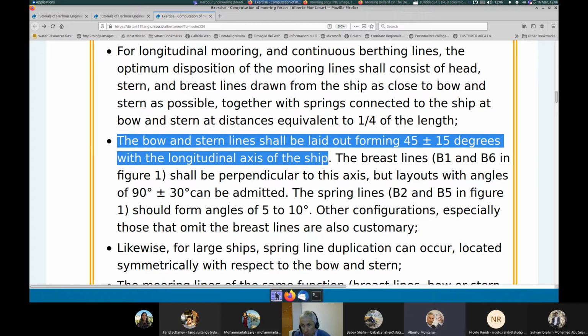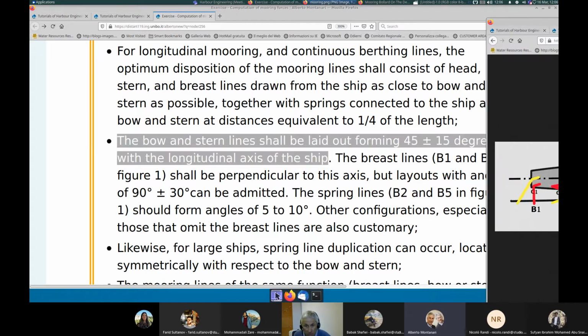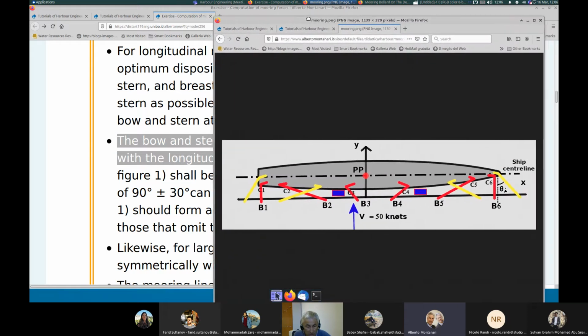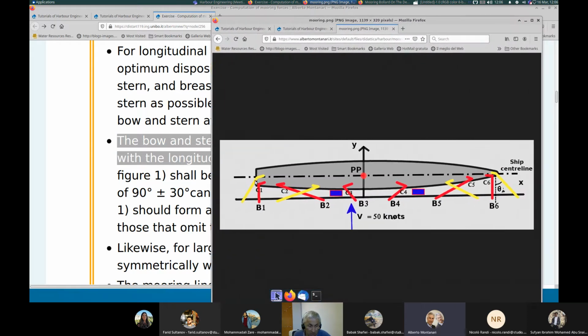Let me show you the figure to better explain what I mean. So, for instance, here the yellow lines are not used in this mooring scheme, and the yellow lines are bow and stern lines which have an inclination with the longitudinal axis which meets the requirement of 45 degrees more or less.